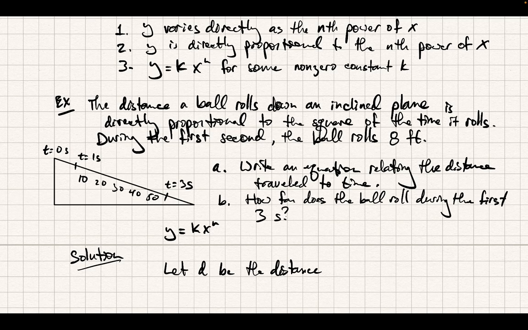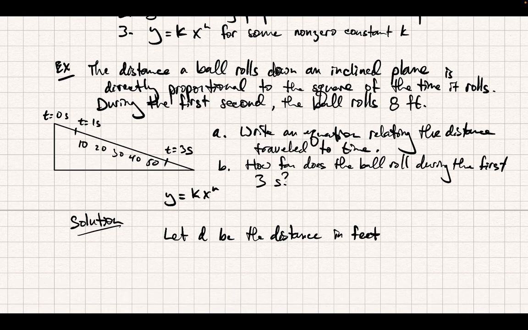So x is time, because distance is in feet, and it has to be to the n. So we've got d so far. What do we have in the x place? Time. Because it's seconds, it's squared. Let t be time in seconds.